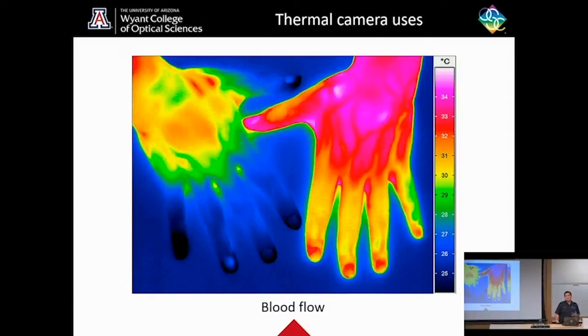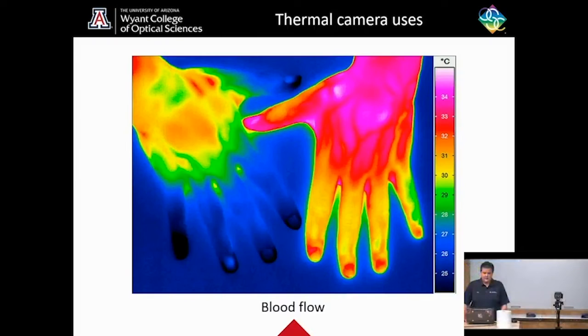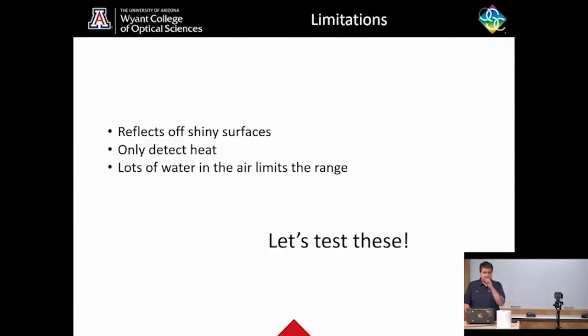So now that we've gone through some of the uses of thermal IR cameras, where we actually have one here to play with today, I'm going to show you some of the limitations and cool uses for it. So one of the things that you can do is you can actually reflect light off of a shiny surface, which I'll show you in a moment with the whiteboard behind me.